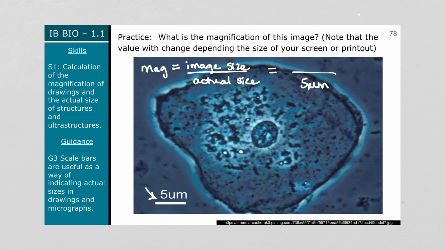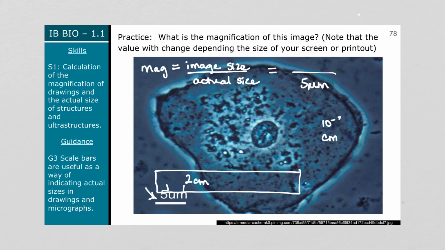Now, for my image size, I can get my ruler, which will have to be imagined in this case. So I'm going to get my ruler, and with my ruler, hypothetically, I measure this to be 2 centimeters, this scale bar. But I need to be in micrometers. So centimeters is 10 to the negative second, and micrometers is 10 to the negative sixth.